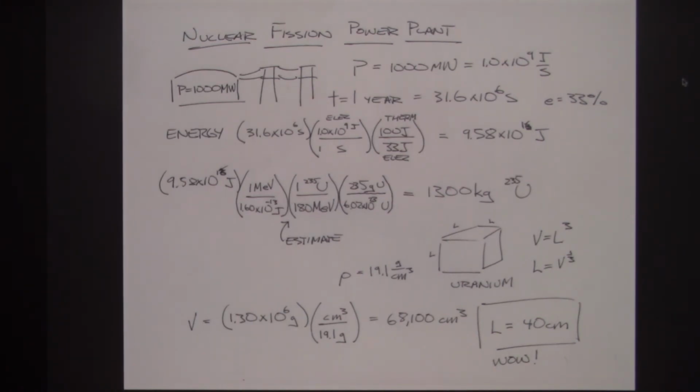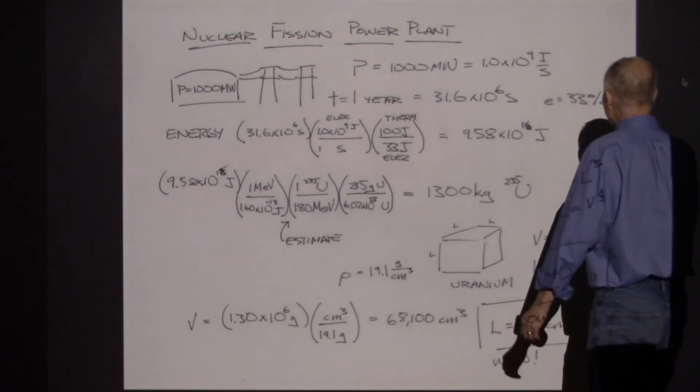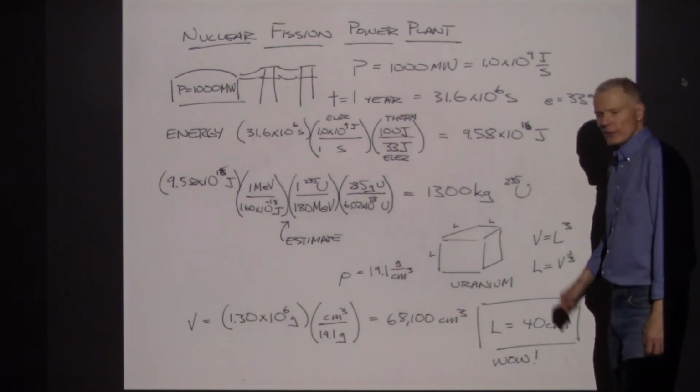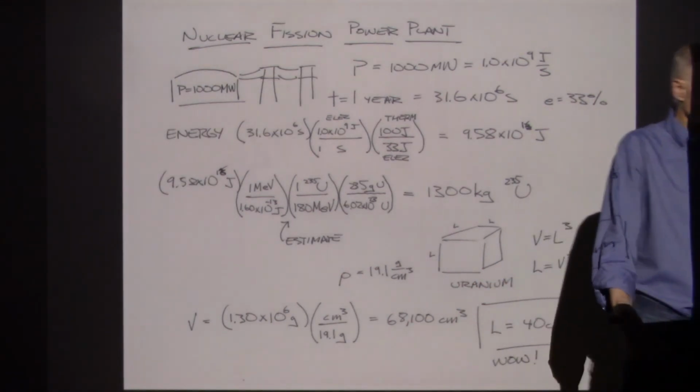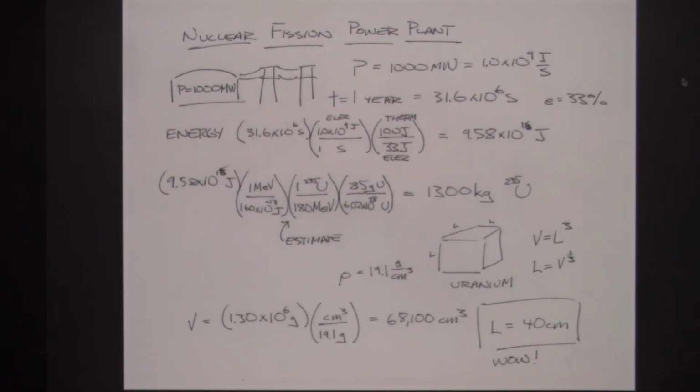But for nuclear power, we just need a little over a ton of uranium-235. That's remarkable, and that's why when you think about aircraft carriers or nuclear submarines, why would we want to power a submarine or an aircraft carrier using nuclear fission?